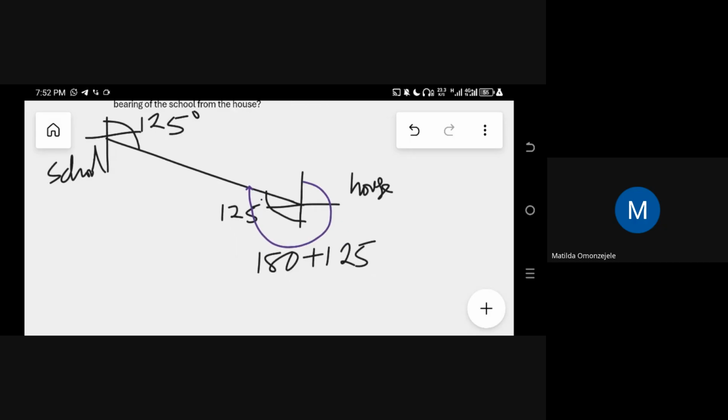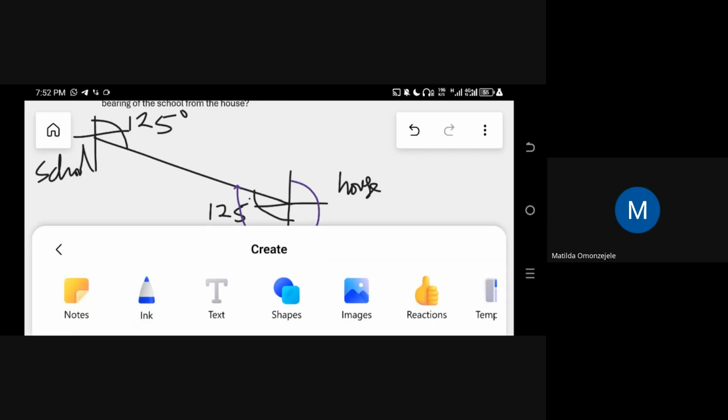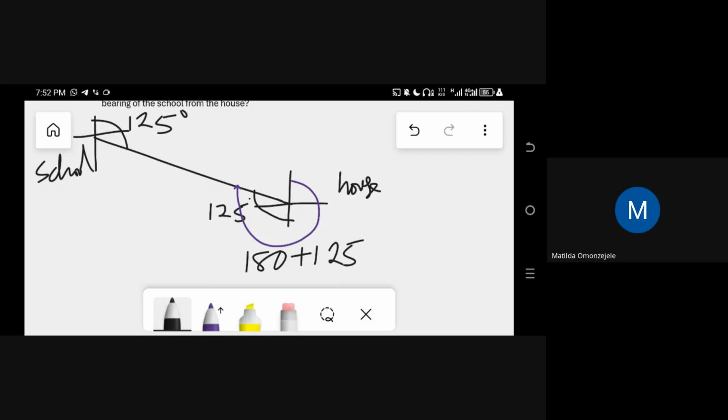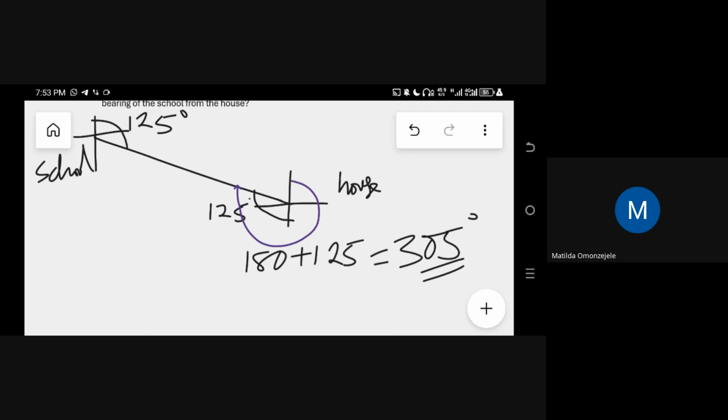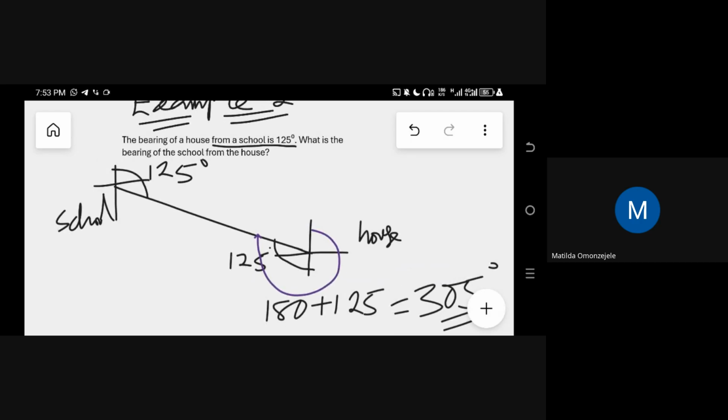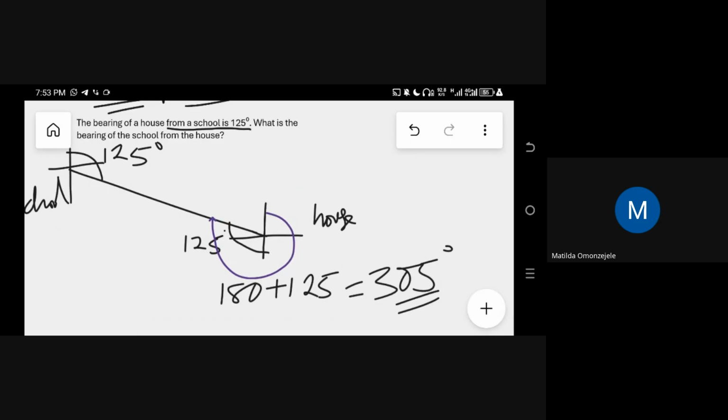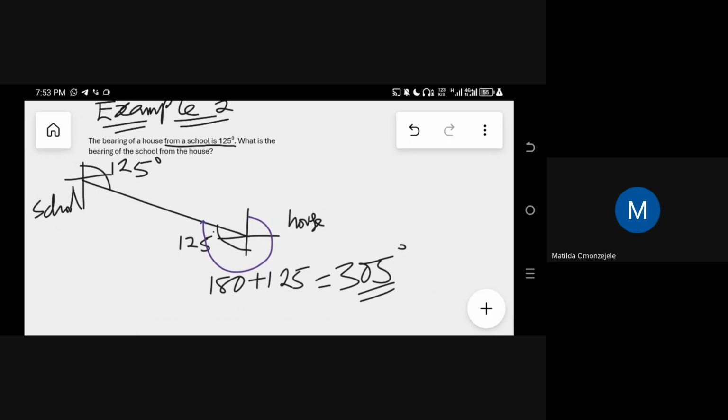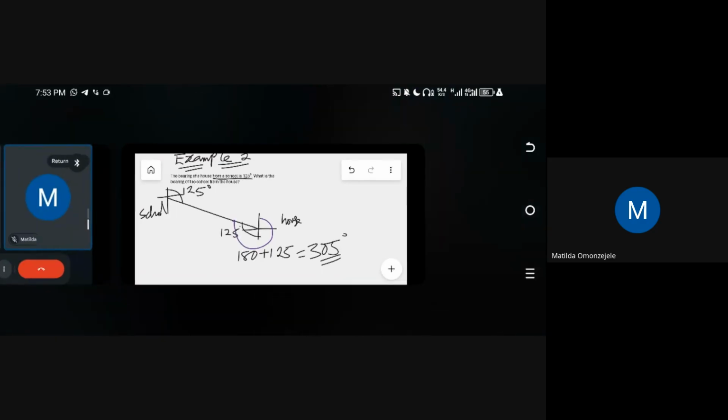That's 180 plus 125, and the result is 305 degrees. So it therefore means that the bearing of the school from the house is 305 degrees. Do you understand this?